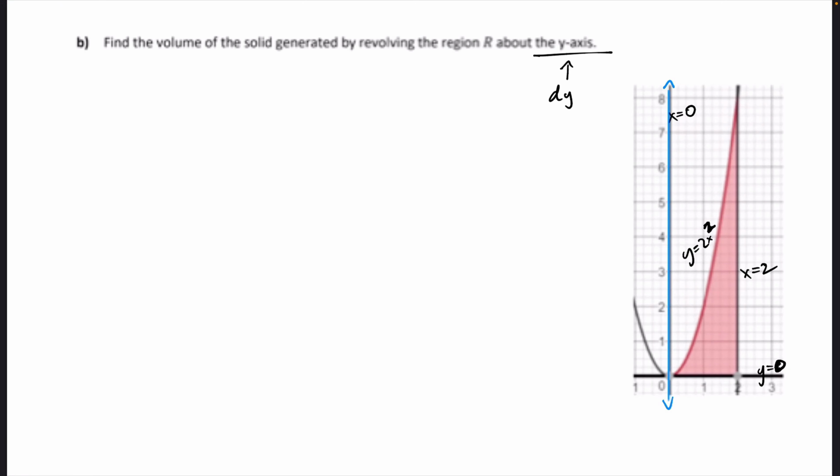All right, so let's set up our big R squared minus little r squared dy.